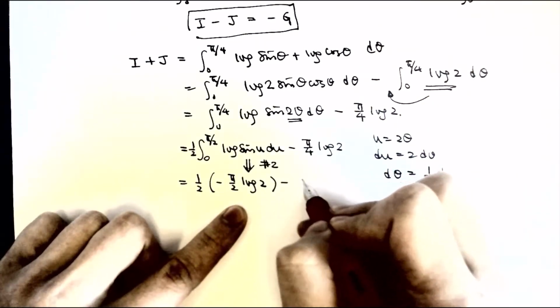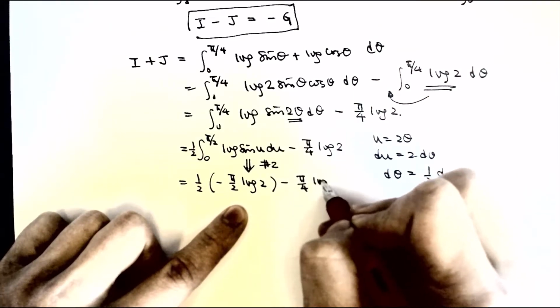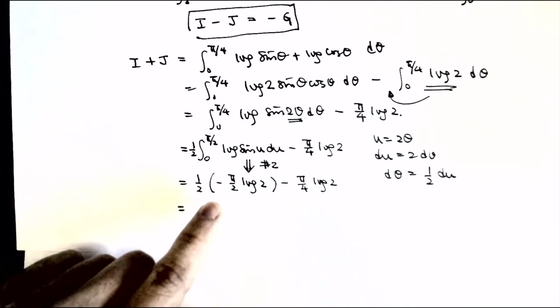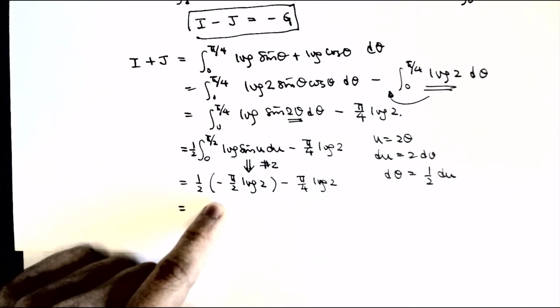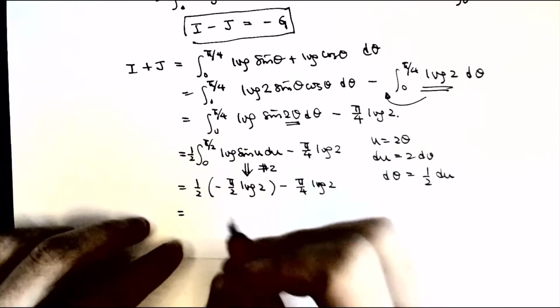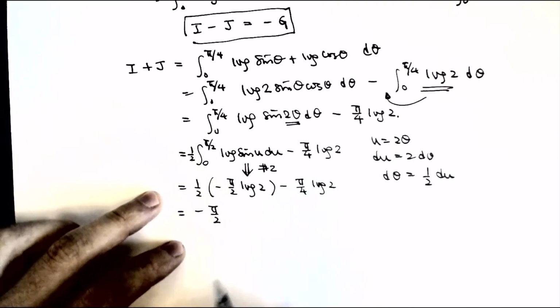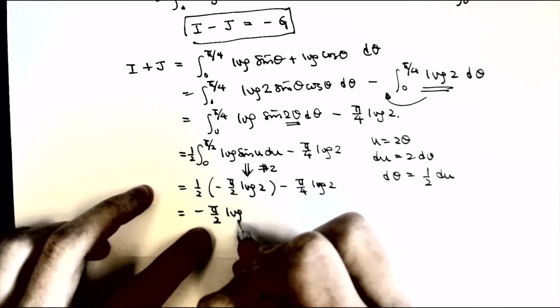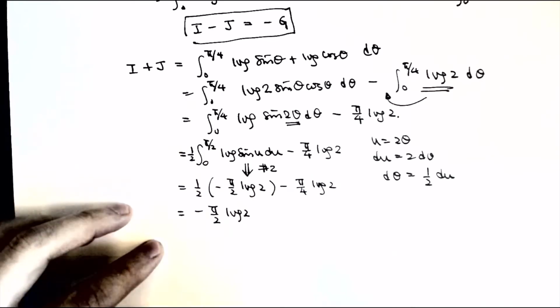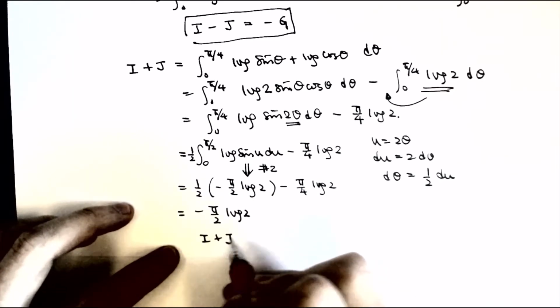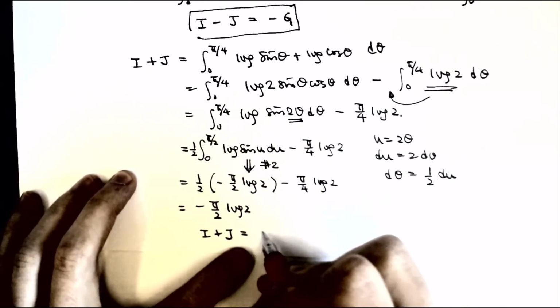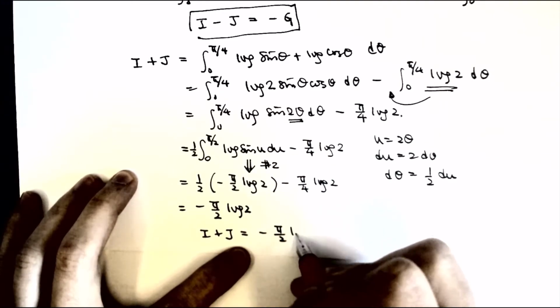Anyway, we simplify the answer: minus a quarter of pi log 2, another quarter here, so we get minus pi over 2 log 2. So I plus J is equal to minus pi over 2 log 2.